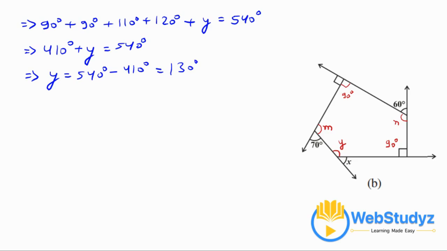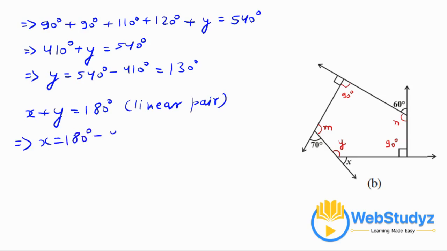We can find out the value of x because Y and x are linear pairs. So x plus Y should be equal to 180 degree as they are linear pairs. So from here we can calculate the value of x, which is equal to 180 degree minus Y. Now putting the value of Y, we get 180 degree minus 130 degree.